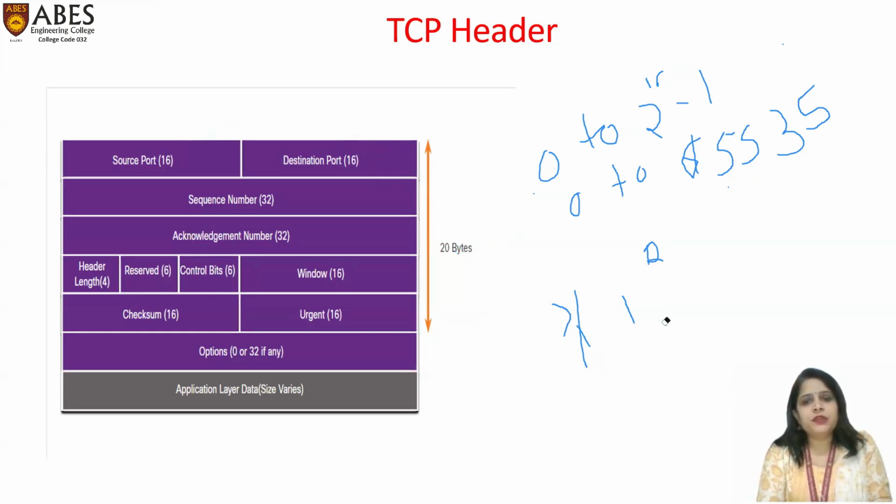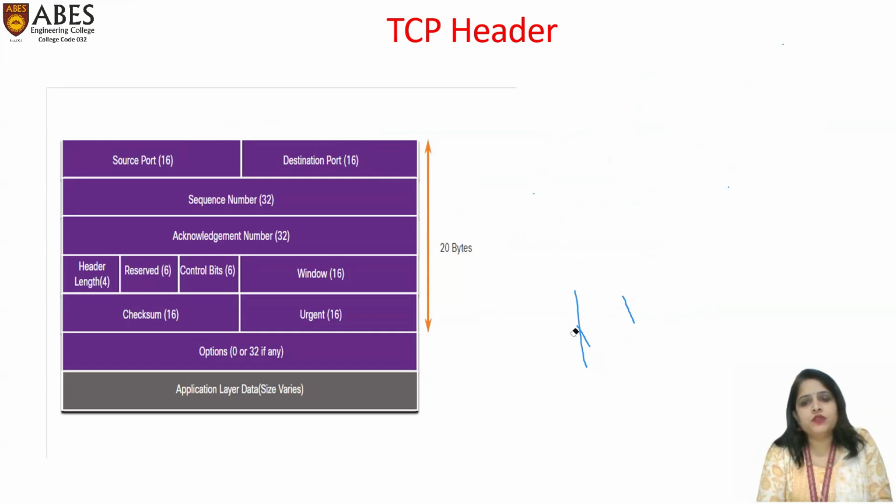The next field of the TCP header is the sequence number. It is a 32-bit field. This sequence number field is used to reassemble or maintain the order of TCP segments from sender to receiver side. Next is the acknowledgement field. The acknowledgement field is again a 32-bit number. It is used to identify the acknowledged data.